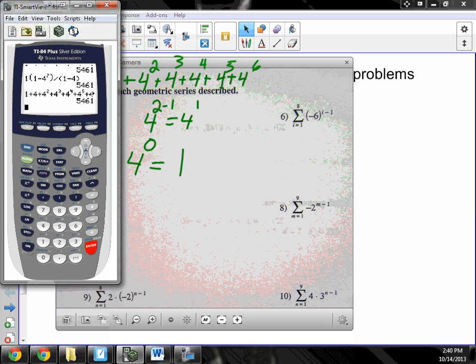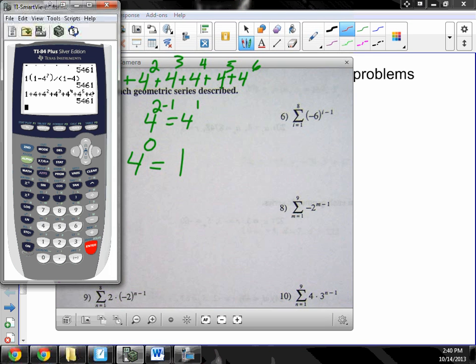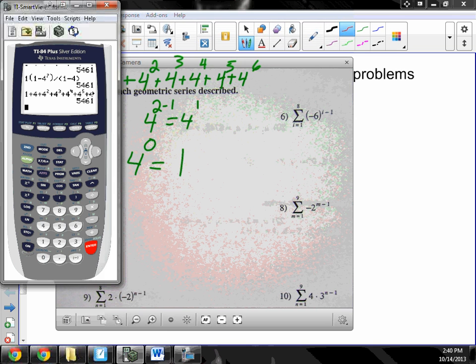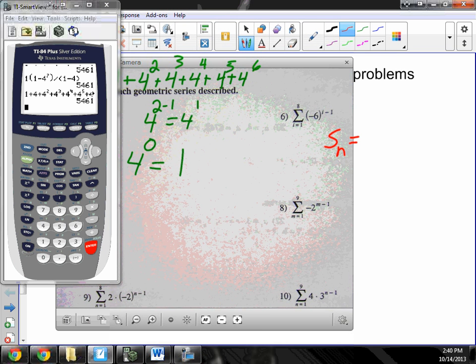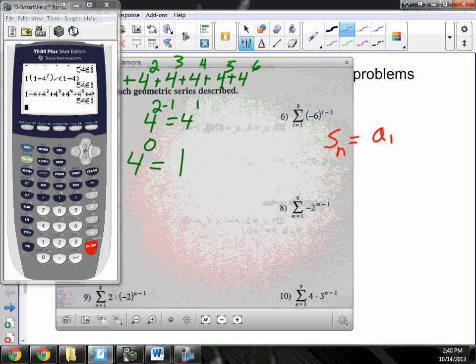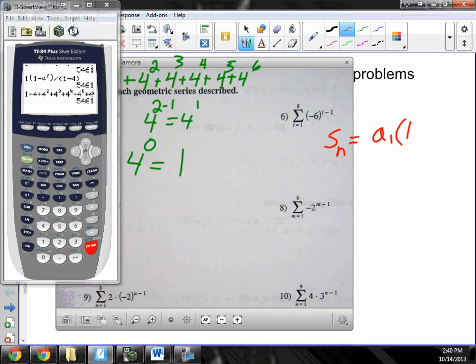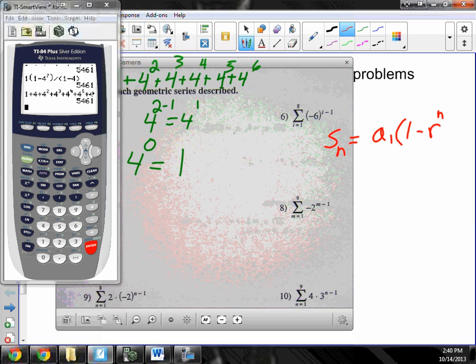Okay? Here is the formula for the sum of a finite geometric sequence, or a geometric series. The formula is S sub n equals a sub 1, the first term, times 1 minus the common ratio to the n.